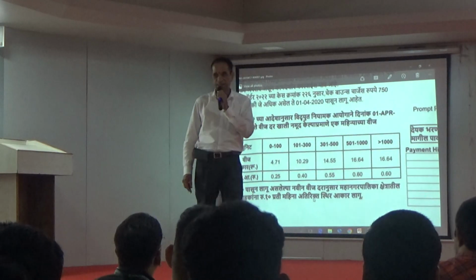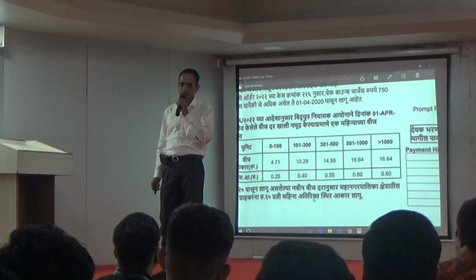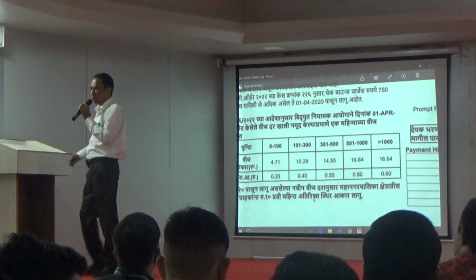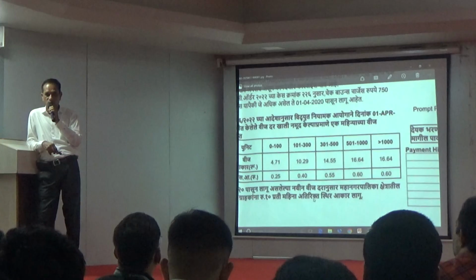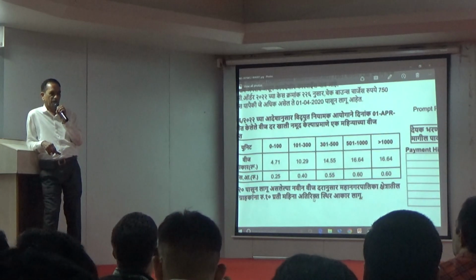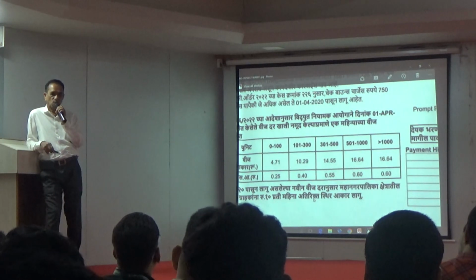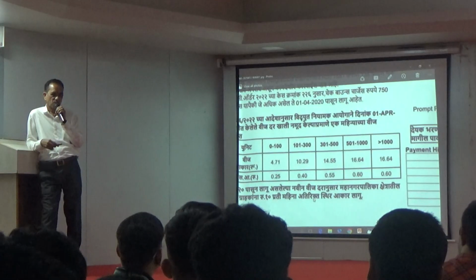So the smallest house can install around a 1 kilowatt system on the rooftop and go for a net zero bill, and you get a subsidy of 30,000 rupees for 1 kilowatt. There are a lot of government incentive schemes. If you install 2 kilowatt, you will get a subsidy of 30,000 for the first kilowatt and 30,000 for the second kilowatt.